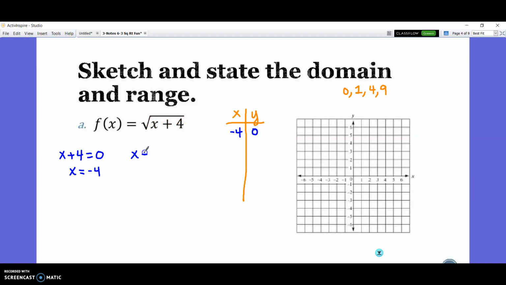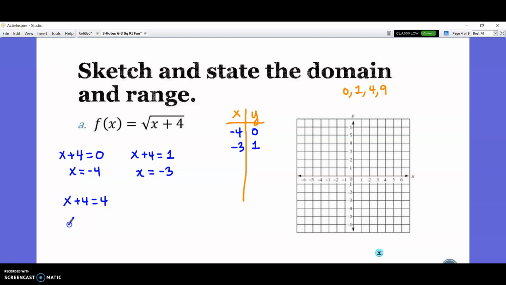Next, x plus 4 could equal 1, because the square root of 1 is 1. In this case, I would subtract 4, and x could equal negative 3. So when I plug in negative 3, negative 3 plus 4 is 1, and the square root of 1 is 1. Another number we could make x plus 4 equal is 4.